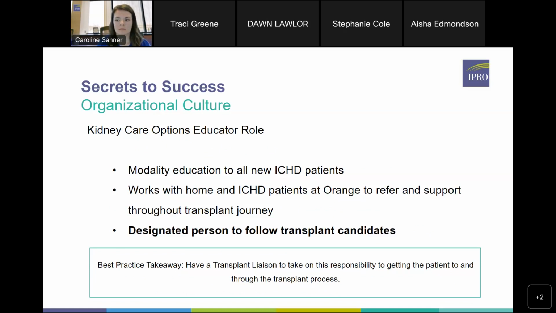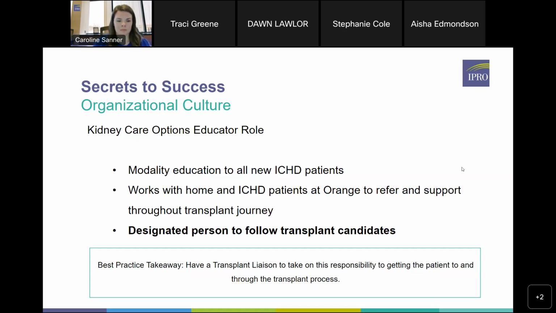Okay, so we all know it's not just a referral and then we just let the patient go. I think that was more the philosophy in the past, whereas the transplant centers were looking more towards a patient who was motivated to get their testing done and just to see how the patient was feeling about transplant.